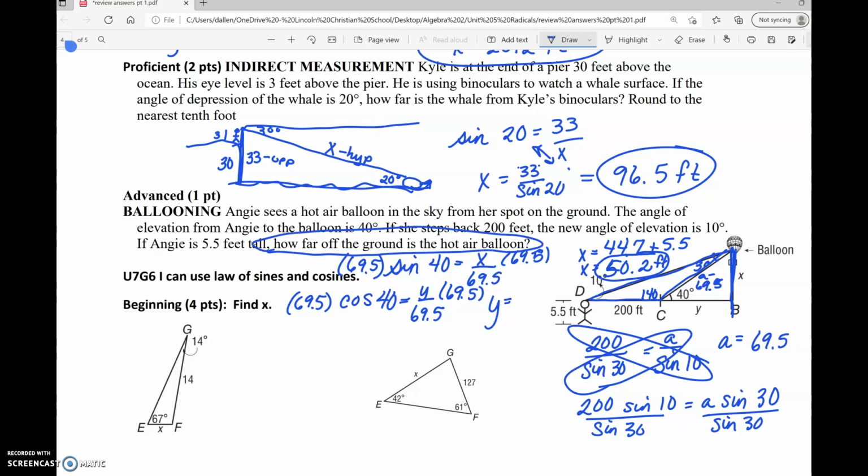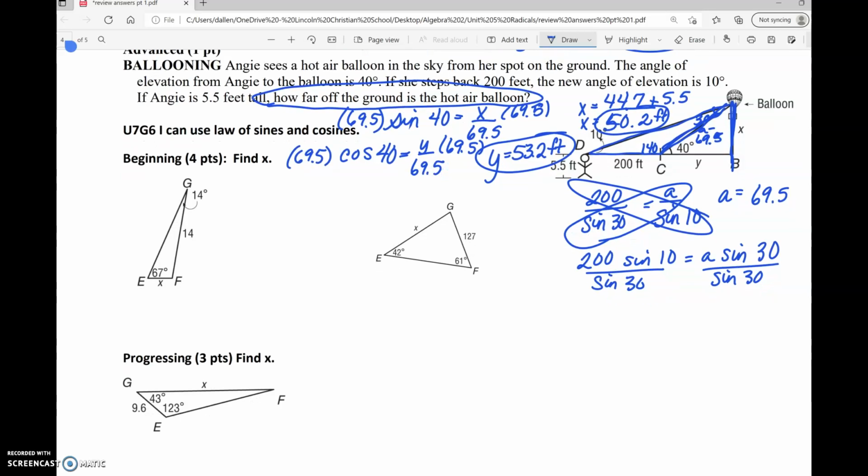If you didn't find y, I didn't mark that wrong. But y would be 53.2. So we started with sine to find this hypotenuse, and then once I found the hypotenuse, law of sines to find the others. So then that brings us into law of sines.